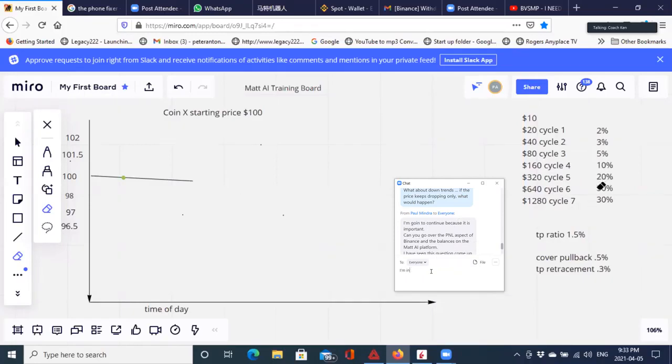And then what's going to happen is you're going to have 160 plus 80 plus 40 plus 20 plus 10 into that particular coin. So you're going to have $310 in that coin. And all you're going to do is wait for that coin to bounce back up and hit that new dollar cost average that you've created.